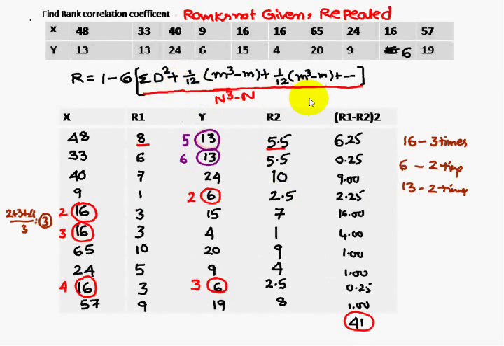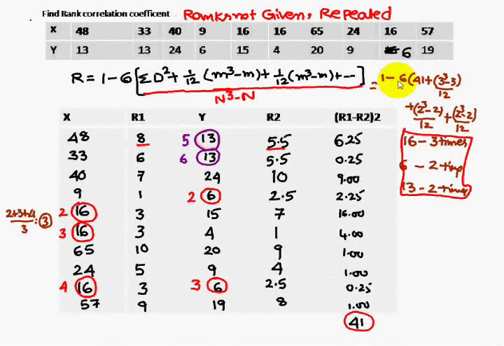Then how to substitute in the formula? 1 minus 6 into sigma d square, which is 41, plus 16 is repeated 3 times, so you write 3 cube minus 3 by 12. Next 2 times, therefore 2 cube minus 2 by 12.